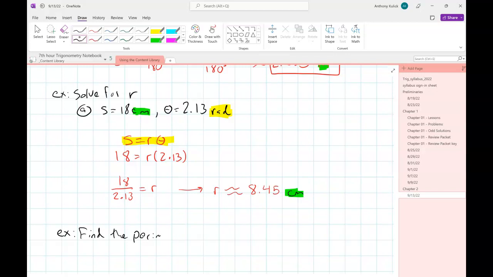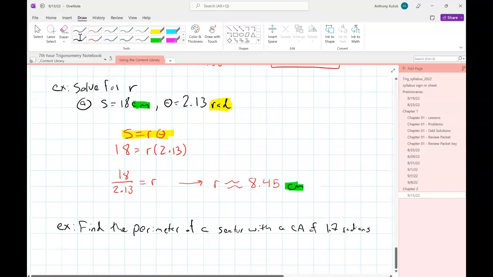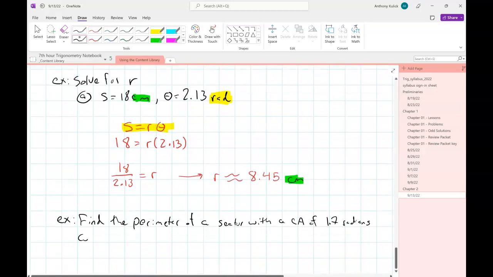So what if I ask you to find the perimeter of a sector with a central angle of 1.7 radians, cut from a circle with a radius of 5.